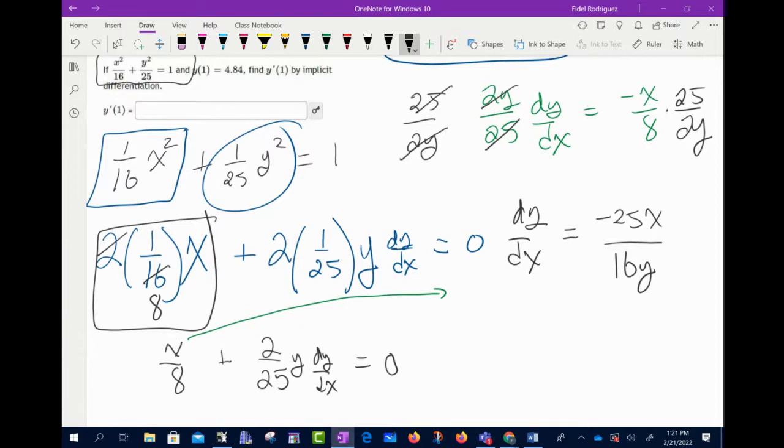Now, before I go on, I want us to remember, what was it we're trying to find? We're trying to find the derivative. We're trying to find y prime at what value? At 1. But look what they give me. You see how it's 1 and 4.84? So doesn't that mean that when x is 1, y is 4.84? So right here, y'all, this is what we're going to do.